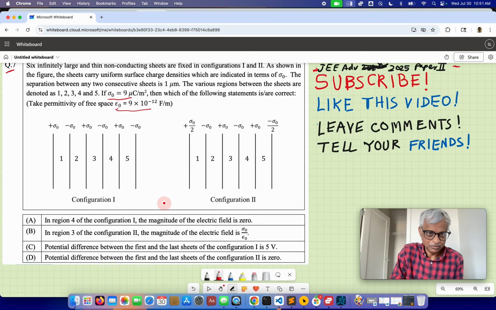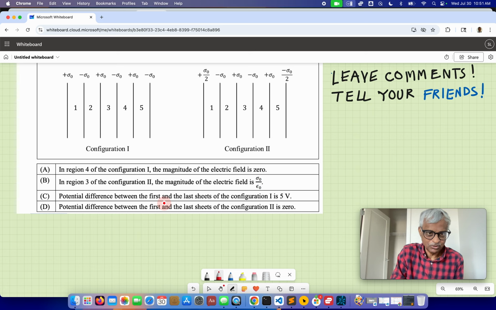But before you really begin the question, you should know this very simple thing: if you put an infinitely long plate with plus sigma 0 coulomb per meter square charge density on it, then you expect the electric field to be perpendicular to the plate, going in both directions.